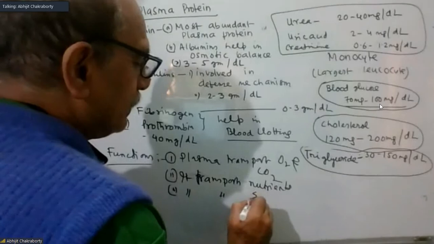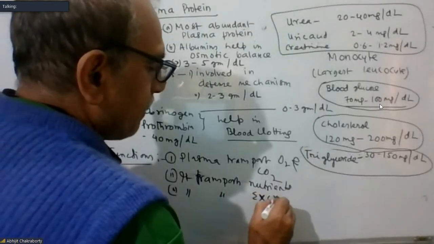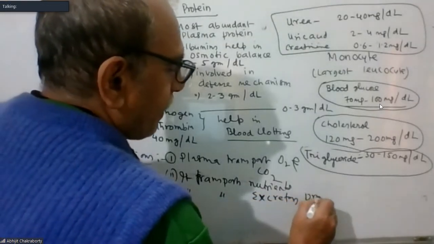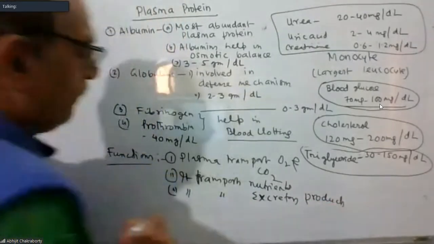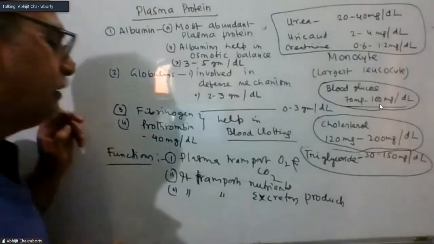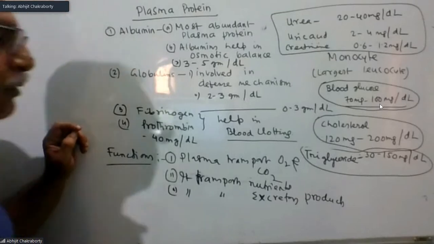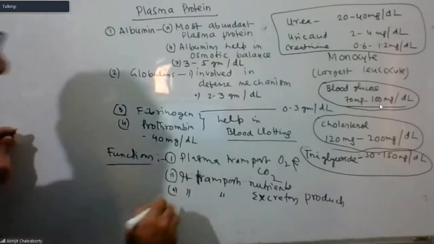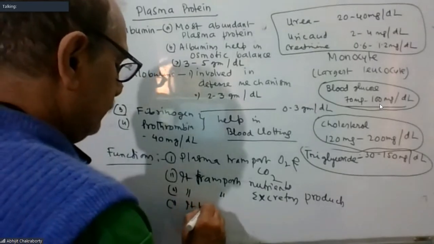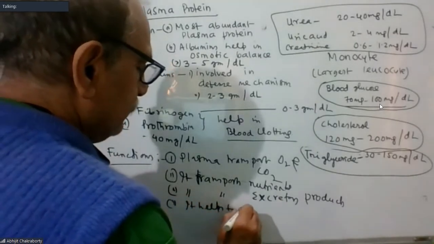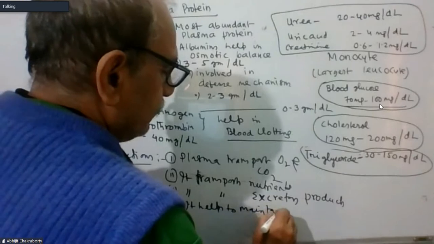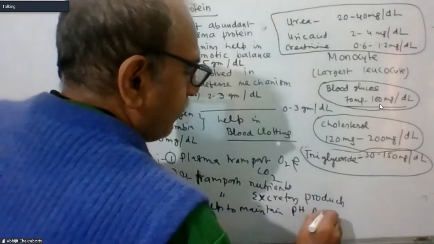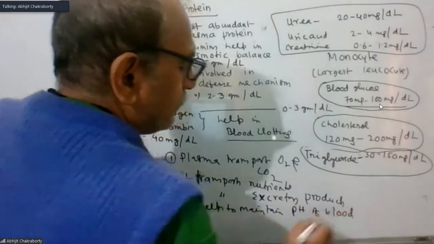It transports excretory products. So it transports oxygen and carbon dioxide, it transports nutrients, and it transports excretory products. Then most important thing, it has to maintain pH of blood.